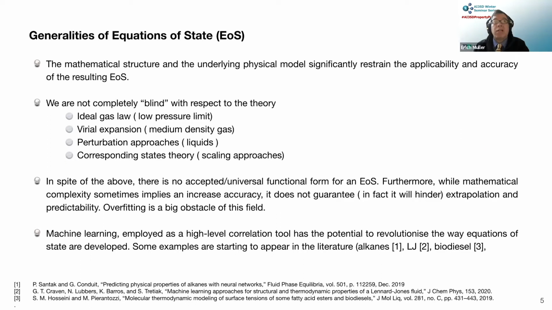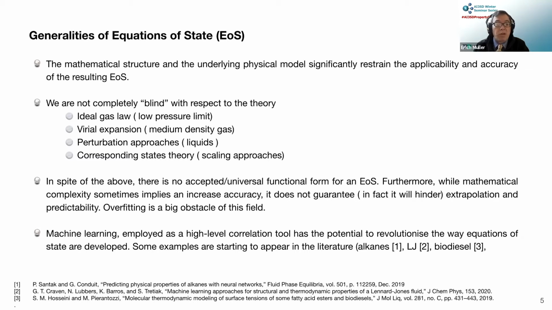I mentioned the ideal gas law as something obvious in the low pressure limit. An extension of that is the virial expansion, which is basically a Taylor expansion for medium pressure gases. Perturbation approaches were very popular in the last century to try to describe liquids in a systematic way, to address the mathematics behind these relationships.